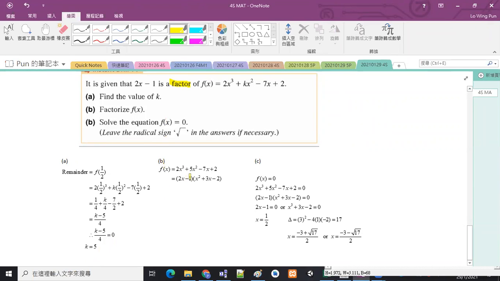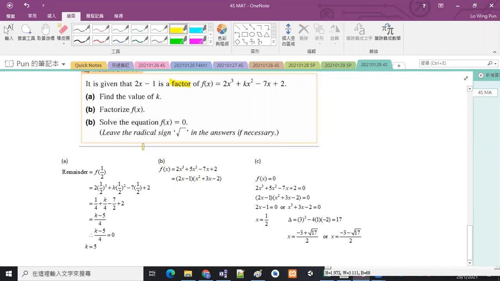And then when you have found the value of k, you can write down the complete information of the fx, and because it is already given that 2x minus 1 is the first factor, you can use the method 2 to write down the remaining factor. But the remaining factor cannot be further factorized. So this is just the answer, okay?